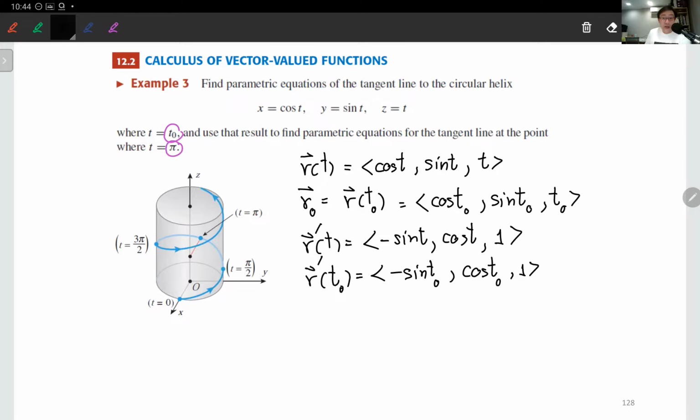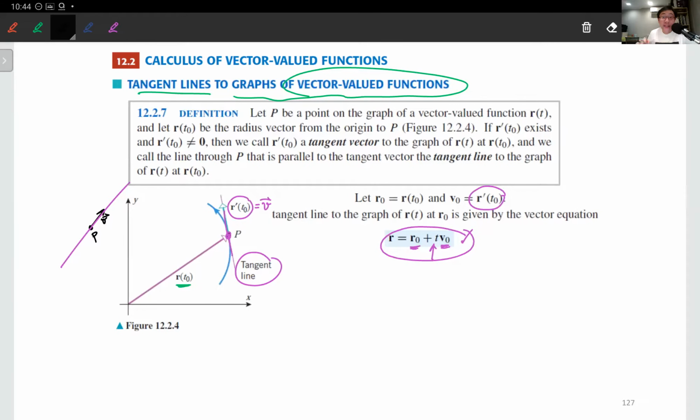So far, so good. So what is your straight line, guys? Your straight line is exactly the same as this one: r naught plus t times v naught.